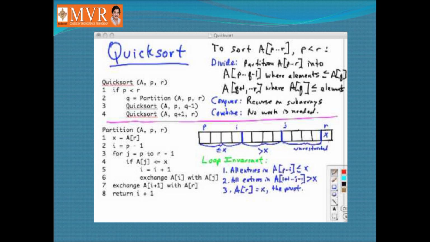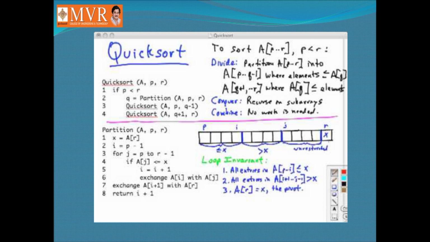Quicksort is mainly based on the divide and conquer technique. That is, the main list of elements will be given. First, you divide the list, or partition the list, into two parts based on the pivot element. As I have told, the pivot element is compared with the left hand side elements and also the right hand side elements. And if the elements at the left side are not in order after comparison, then we perform swapping on those elements.